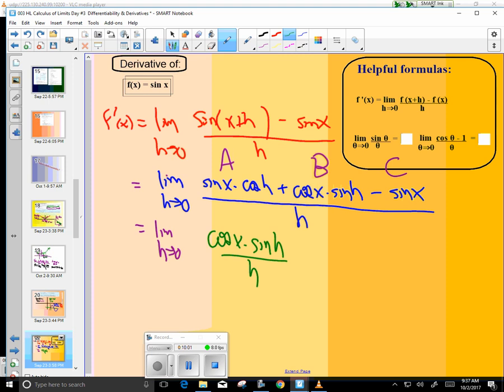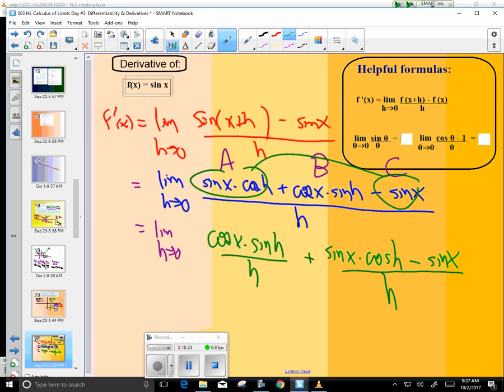And then what's left is going to be sine x times cosine h minus sine x over h. See how I split that up? Just fractions. I put these two together for this last part: sine x times cosine h minus 1 over h, and then this one, I have cosine x times sine h over h.